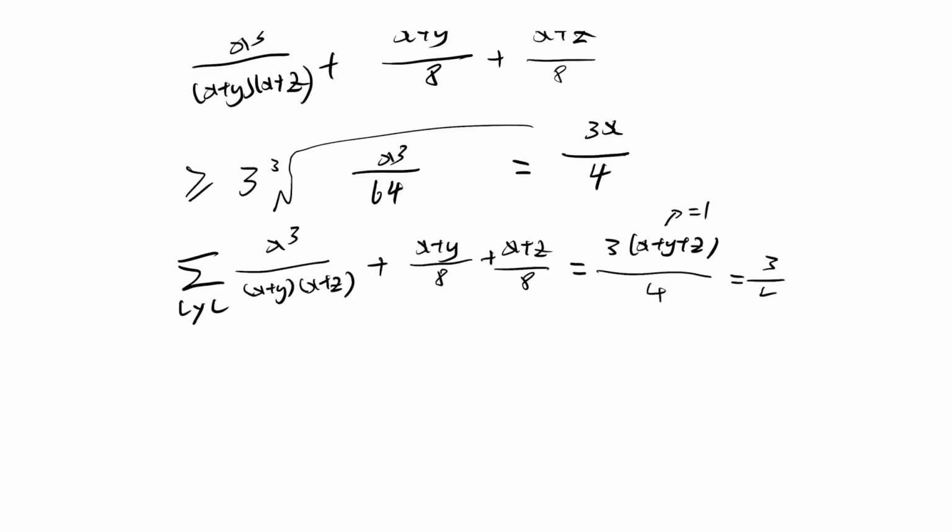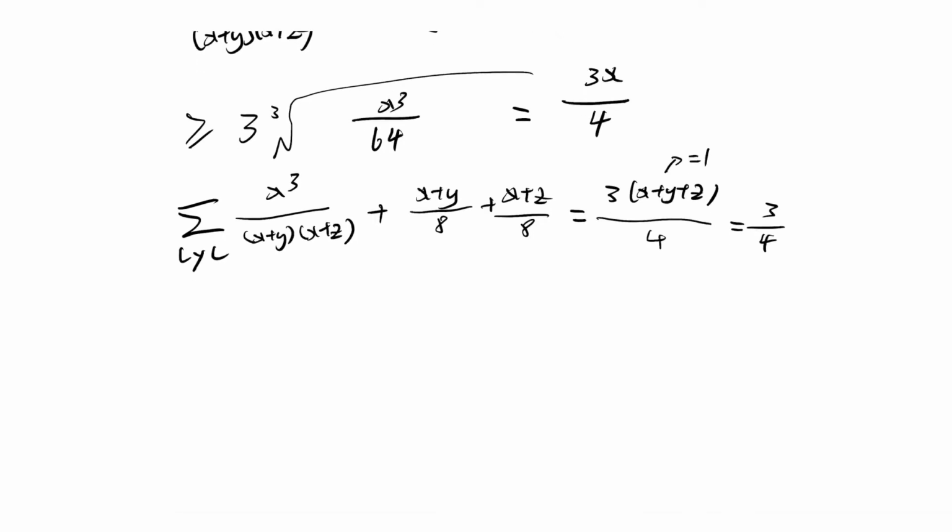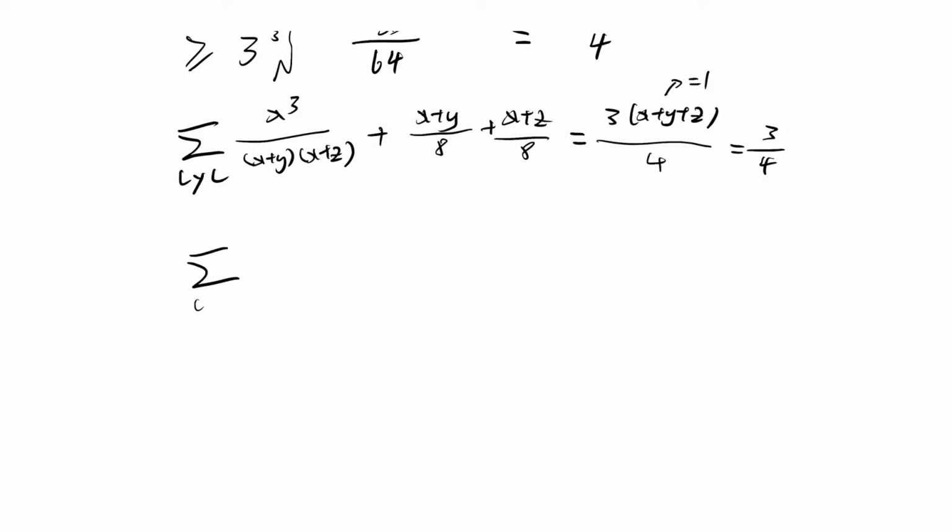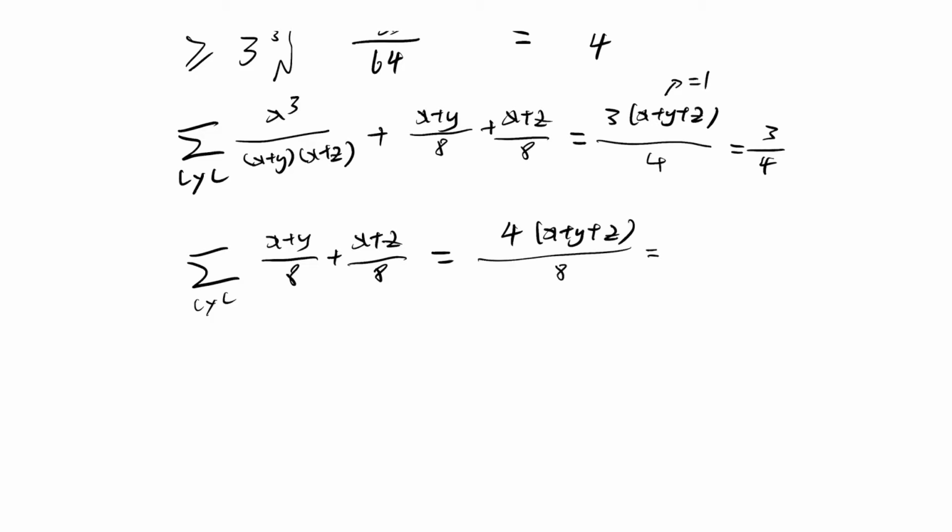Summing these up, we get 3 times (x plus y plus z) over 4, and we know this equals 1, so it simply equals 3 over 4. And we also know that this expression is equal to 4 times (x plus y plus z) over 8, which is 4 over 8, which equals 1 over 2.